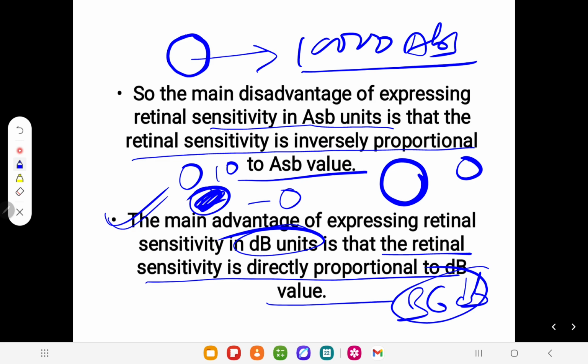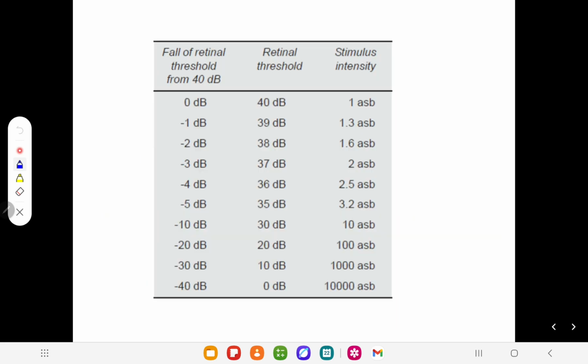And another example is you have to write 5 digits in apostilb, while in decibel you can write one digit or 2 digits maximum. Another benefit, isn't it? So in conclusion, just see this chart. It's a very good chart. This is stimulus intensity, this is retinal threshold, and this is fall of retinal threshold.